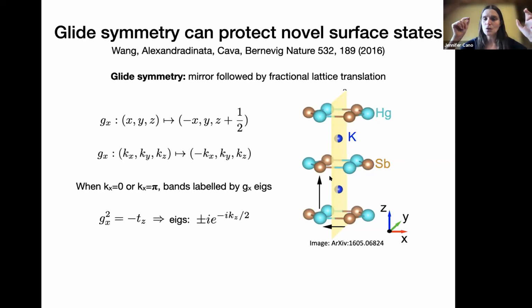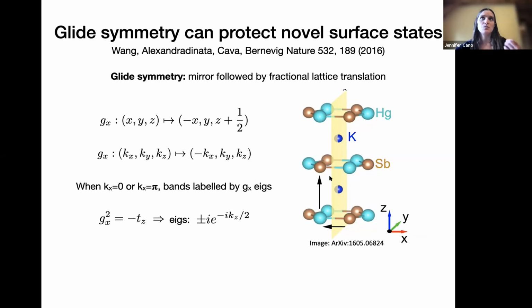And if you look on other surfaces, there's no reason that you would have these special surface states. So yes, you can look on the surfaces that break glide symmetry, but you won't then have surface states that are constrained. And same with the mirror Chern insulator. If there's some mirror plane reflecting this way, then you need to look at the surface which is perpendicular to the mirror plane, so that points on that surface reflect to each other.